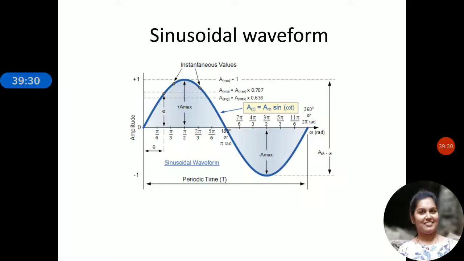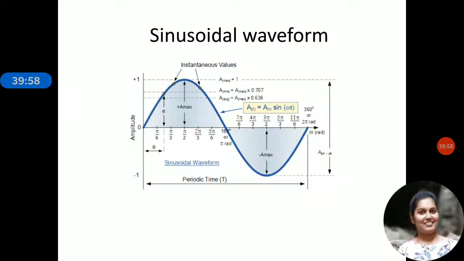This complete positive half and negative half is called a cycle, and the number of cycles generated in 1 second is called frequency. F is inversely proportional to t, F is equal to 1 by t. So with this, how an AC signal is generated and represented, and its various parameters, has been observed.